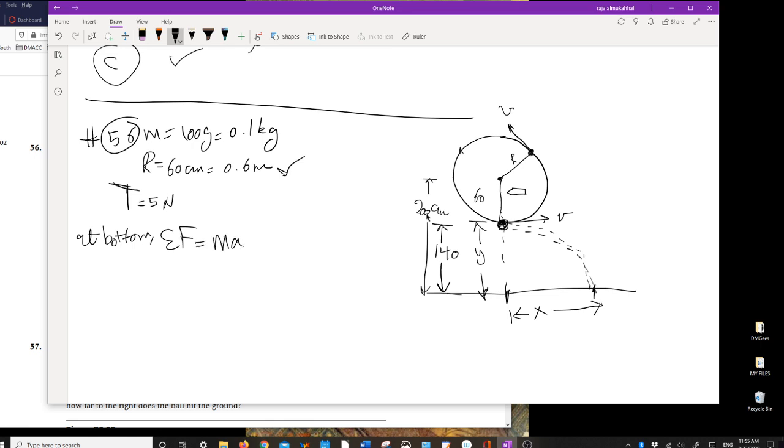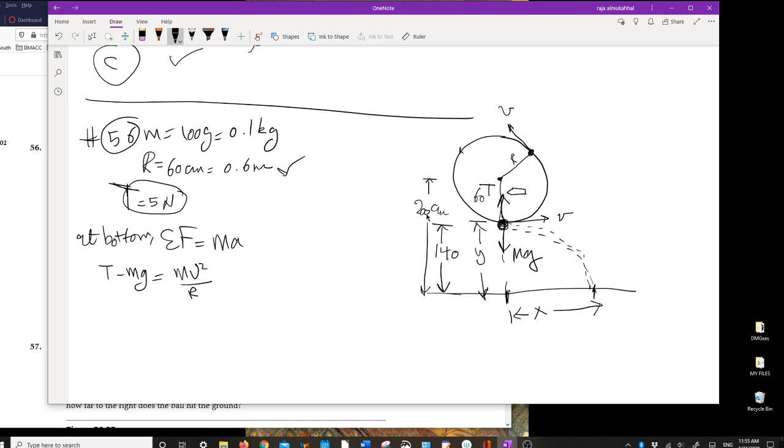What are the forces here? Well, I have a tension T and I have the mg. Is that right? So here I have T minus mg equals mv squared over r, r being the radius of the circle. And by the way, T is given to me right here.